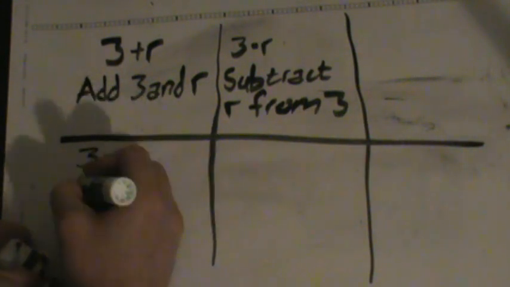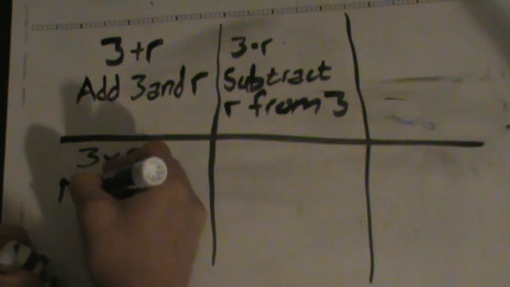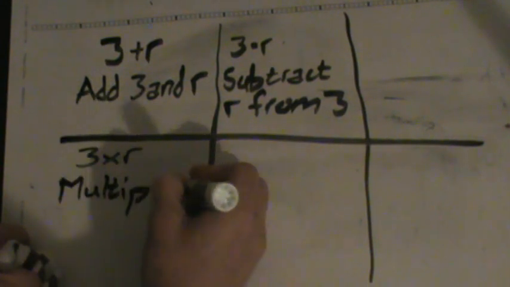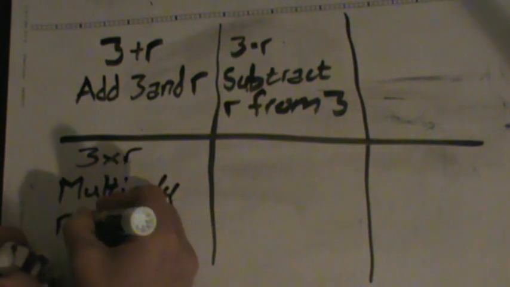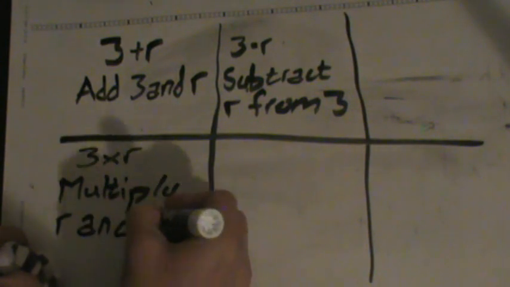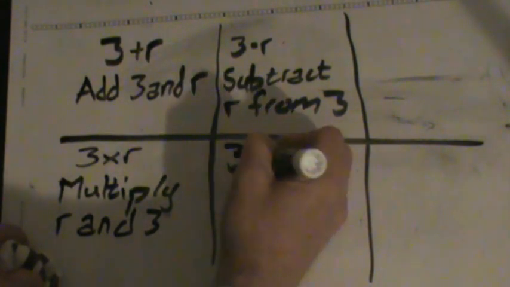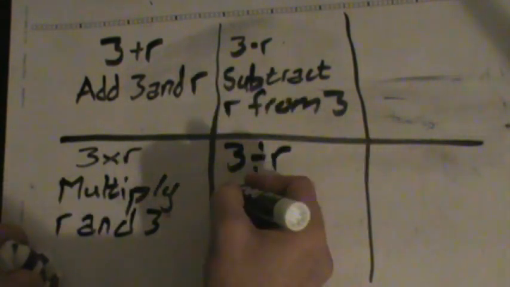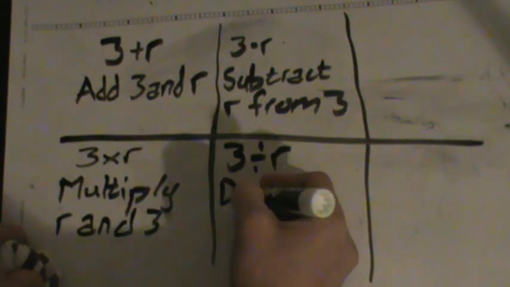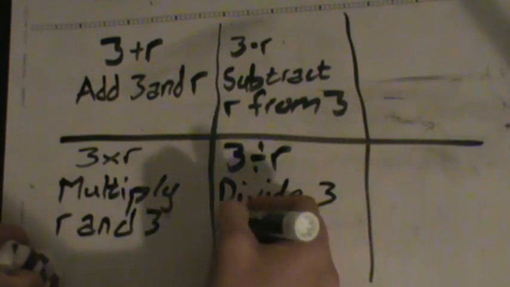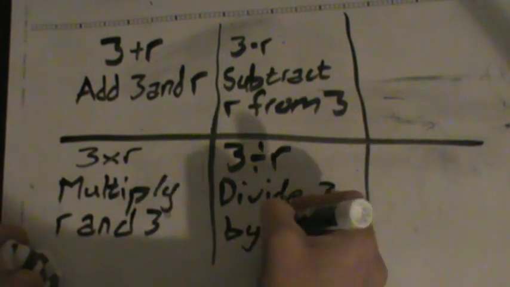If it was 3 times r, we would say multiply r and 3. And if it was 3 divided by r, we would simply say divide 3 by r.